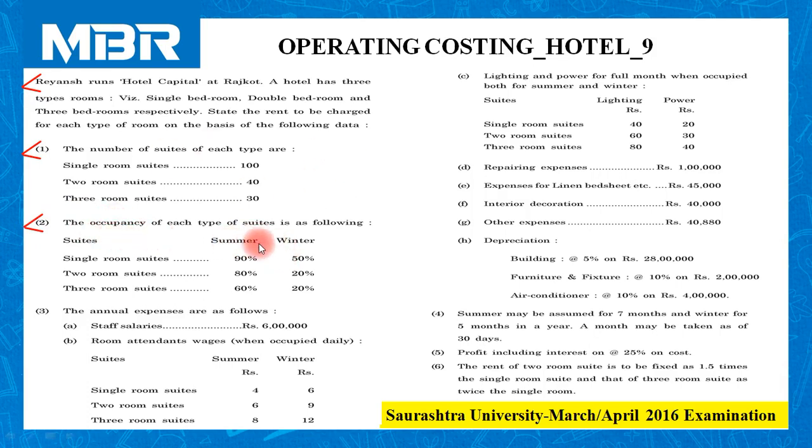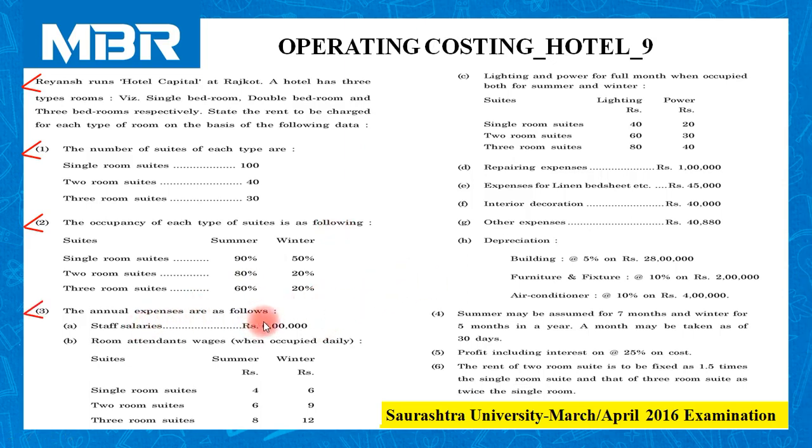Occupancy rates are given based on the category of the room, single, double, and three, and even the season, summer and winter. So we need to calculate our room days with utmost care, because for all three categories of room we have different rates for summer and winter.